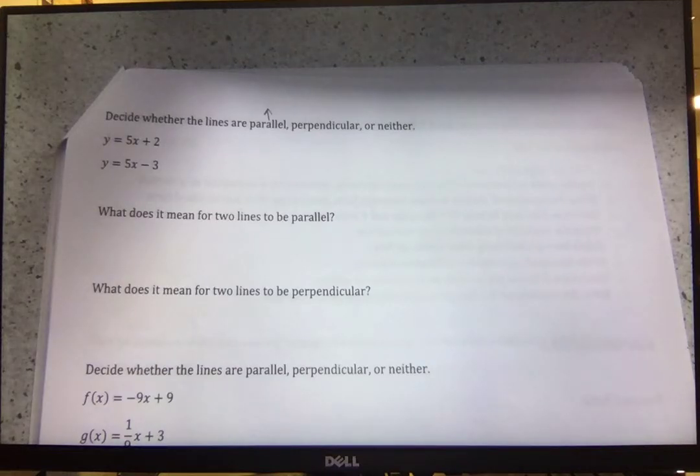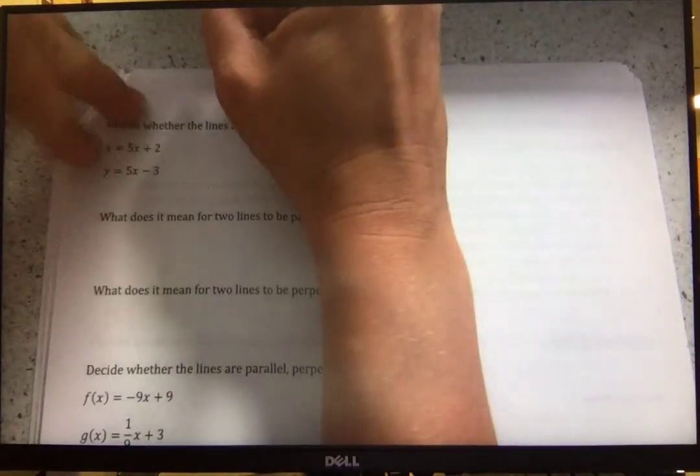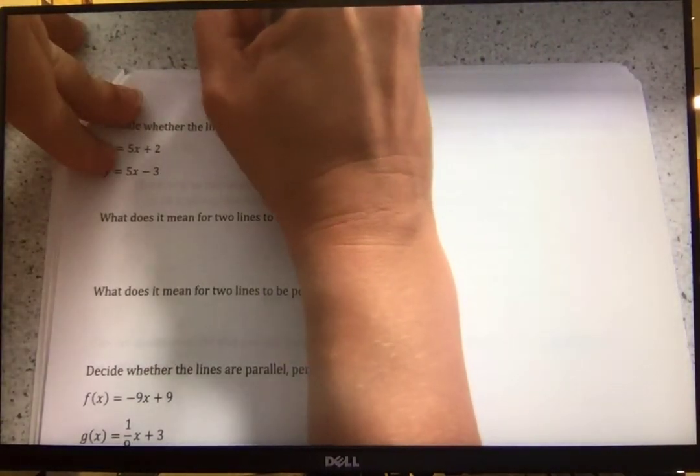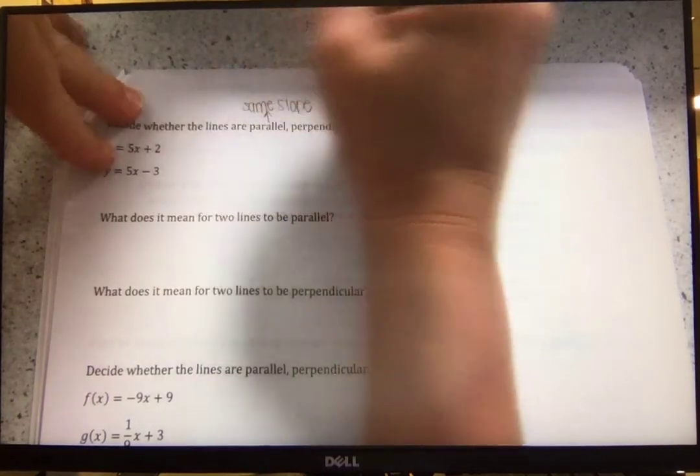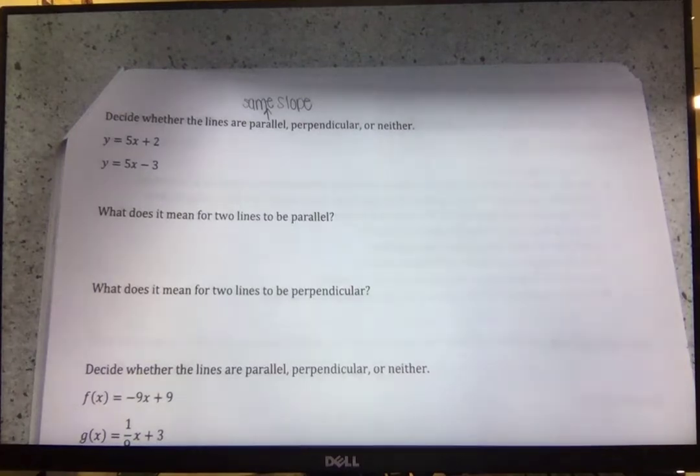So one's positive, one's negative. Reciprocals. So the slopes are opposite reciprocal. Reciprocal means we're going to flip our fraction. And if they're not the same, or if they're not opposite reciprocals, that means they're neither.